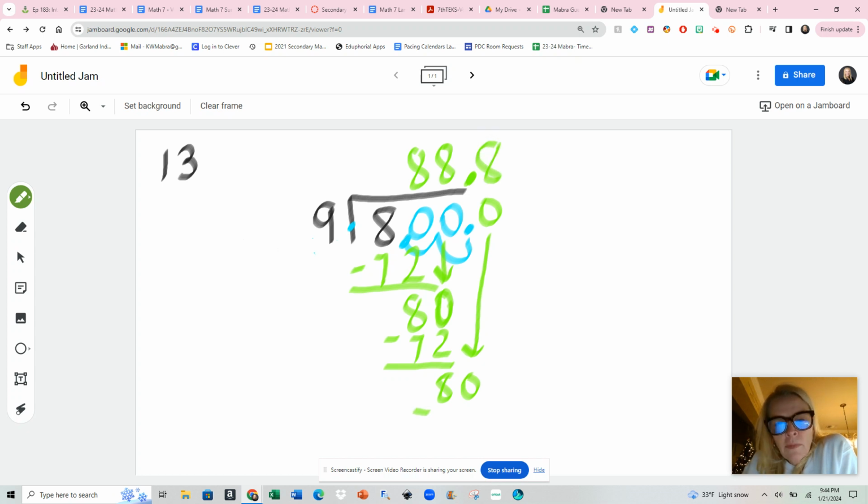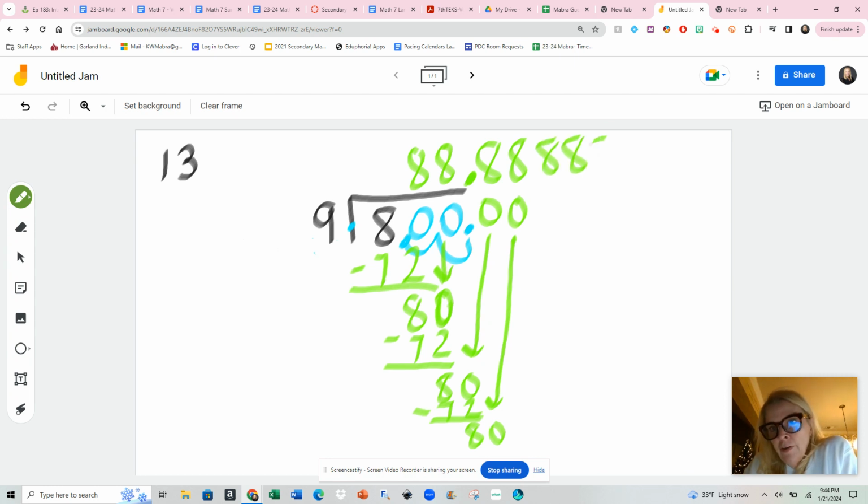Well, you could spend your whole entire life doing this problem and you're still going to get 8. Okay, so what that means is that we have to put the line over it. And the line is a symbol in math that just means that number repeats. So 8's going to continue to repeat forever and ever and ever, right?